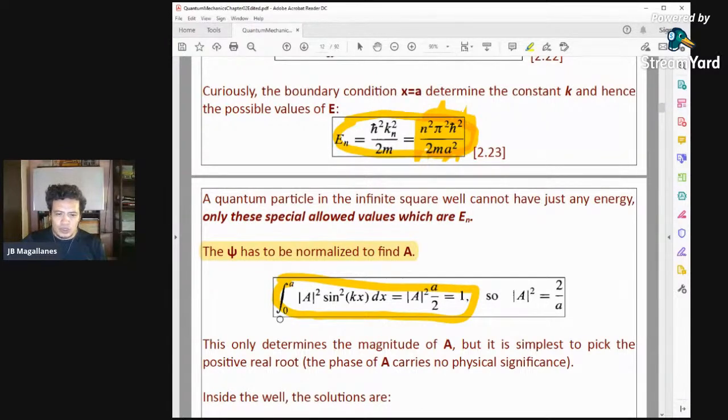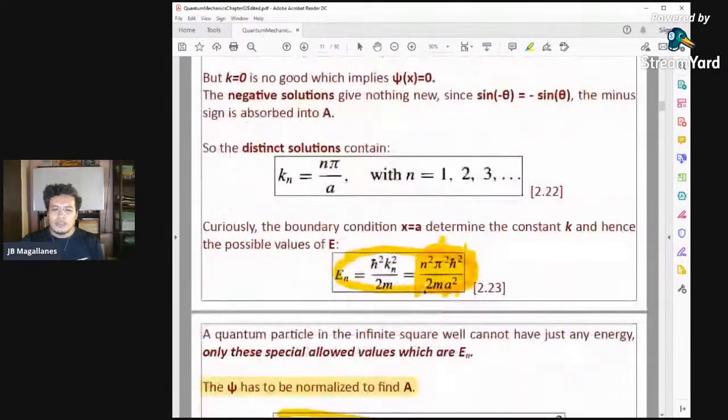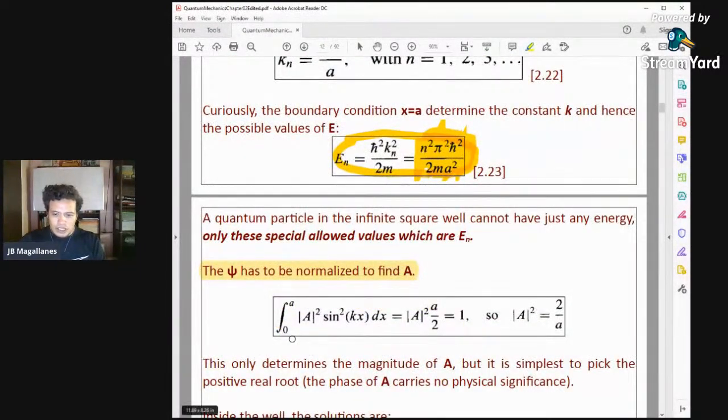So this is a squared sine squared kx dx. But this one is supposed to be negative infinity to positive infinity. This here is only 0 because from negative infinity to 0, there's no function. The wave function is 0.